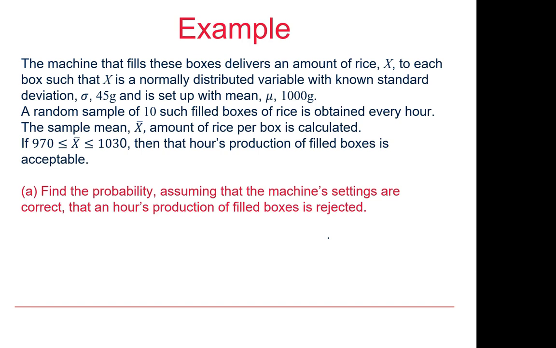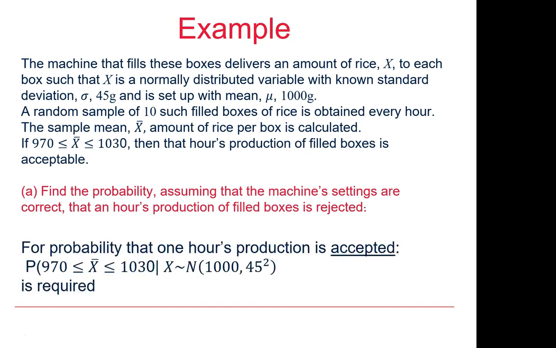And we need to find the probability, and note it says assuming the machine settings here are correct. So that gives us some information about the mean and standard deviation, that an hour's production of filled boxes is rejected.